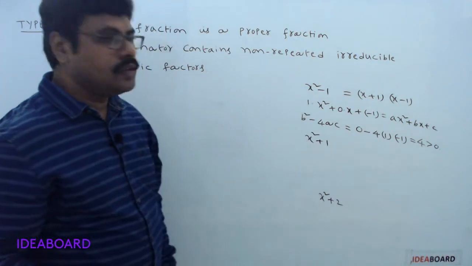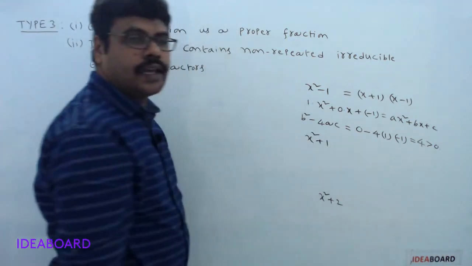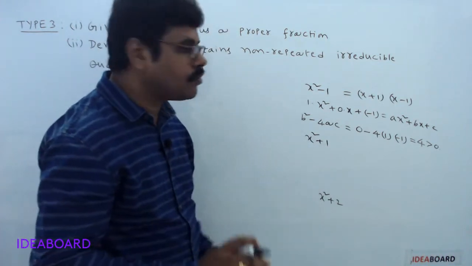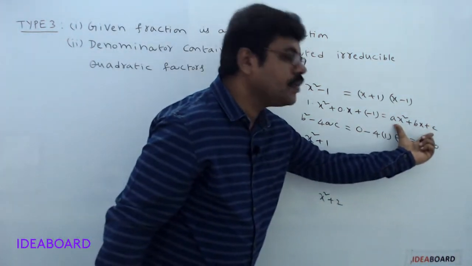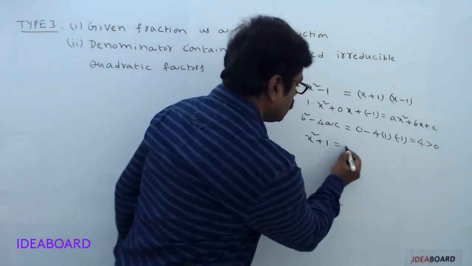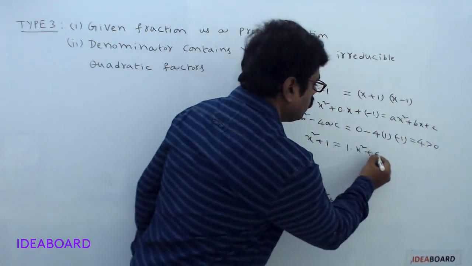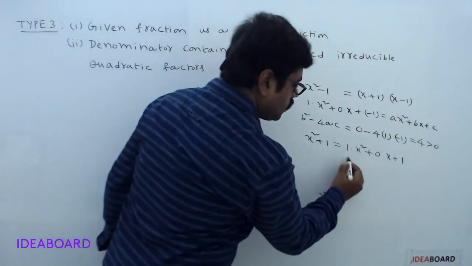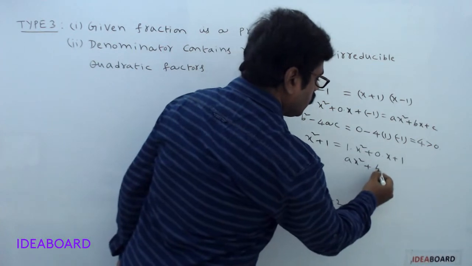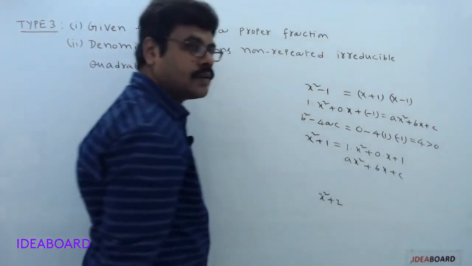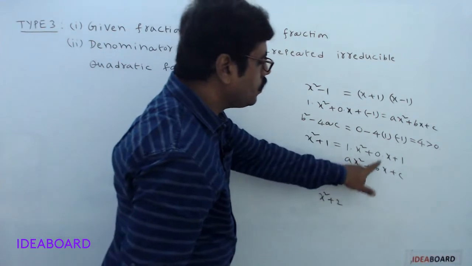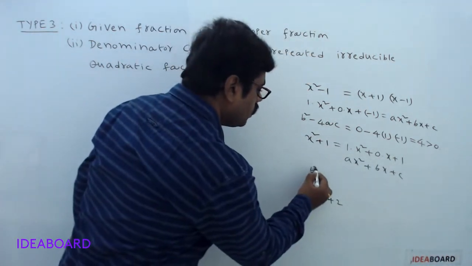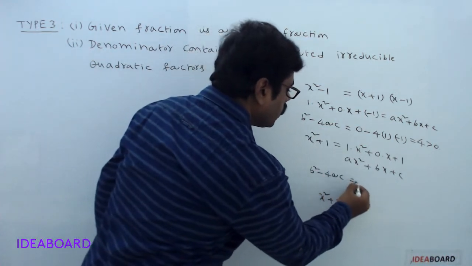Then come to this example. This is a second degree expression. First write it in the form of ax square plus bx plus c. Now this is 1 into x square plus 0 into x plus 1. Clearly it is in the form of ax square plus bx plus c: a value 1, b value 0, c value 1. Calculate the discriminant, b square minus 4ac.